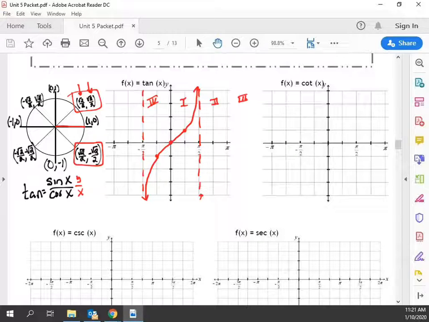So that's why this looks weird, guys, because if I was to draw this from first quadrant to second quadrant, from start to finish, like we've done sine and cosine, it would look like this. And I don't want you to do this, I just want you to watch.